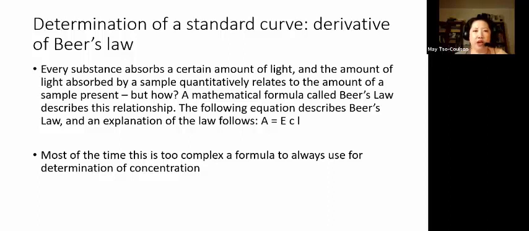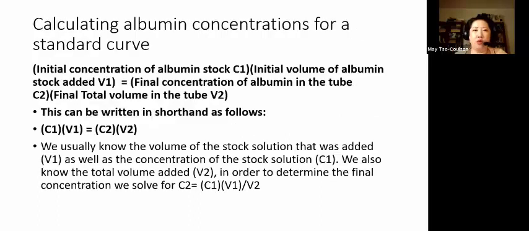Most of the time this law, Beer's law, is a bit complicated for most people to fully understand. So instead of utilizing Beer's law, we will utilize a more simple formula that is shown here.